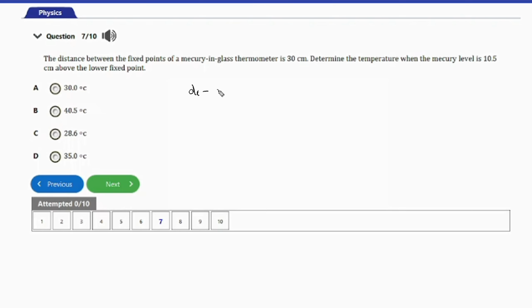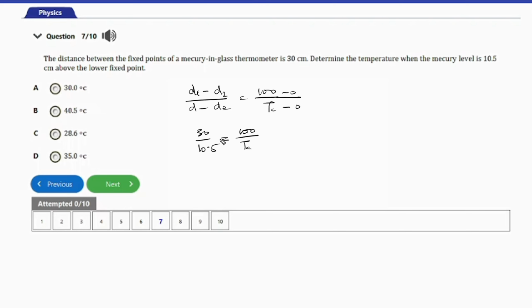So guys, if we are to solve this using d1 minus d2 over d minus d2 is equal to the 100 degrees Celsius minus 0 over the temperature here minus 0, we're going to have 30 over 10.5 is equal to 100 minus 0 is 100 over t minus 0 is t.